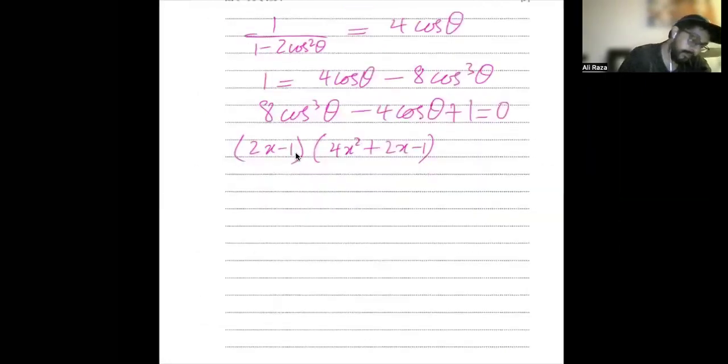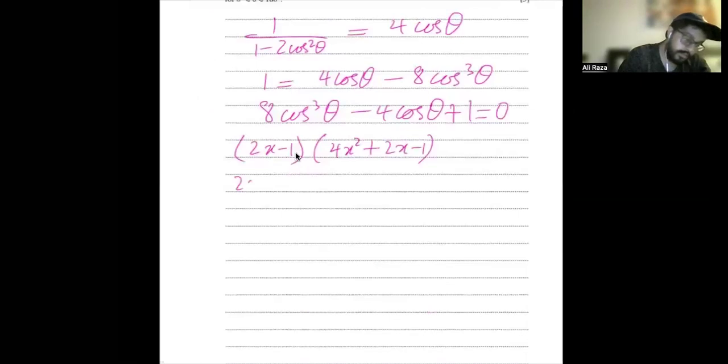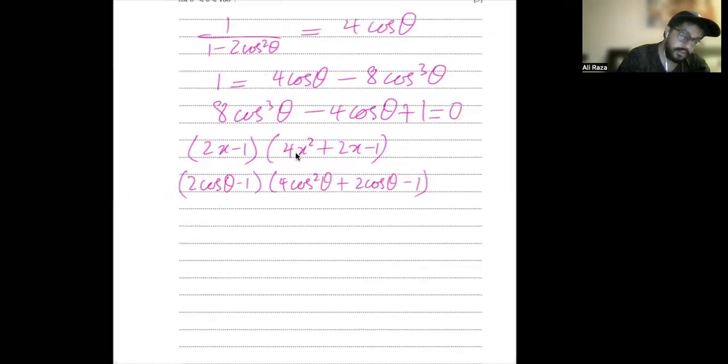We have 2 cos theta minus 1 and 4 cos squared theta plus 2 cos theta minus 1 is equal to 0.